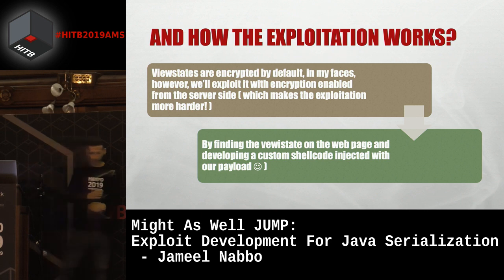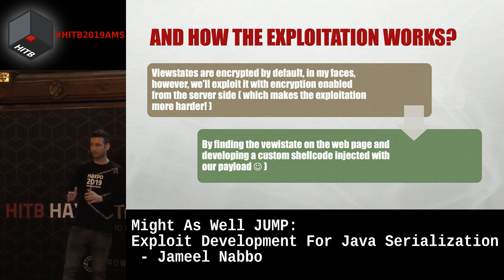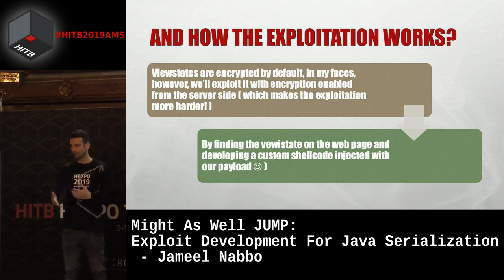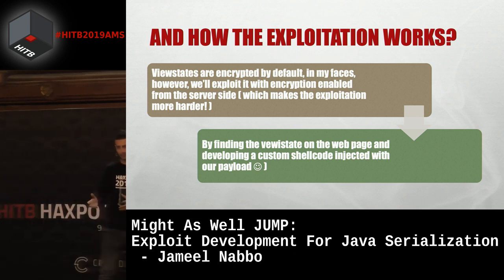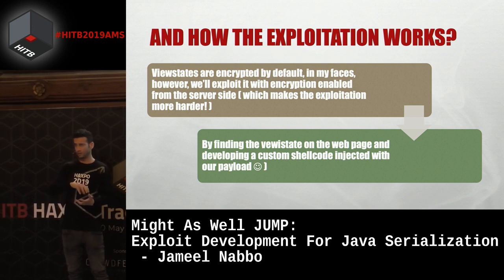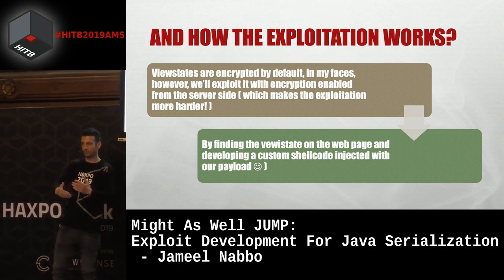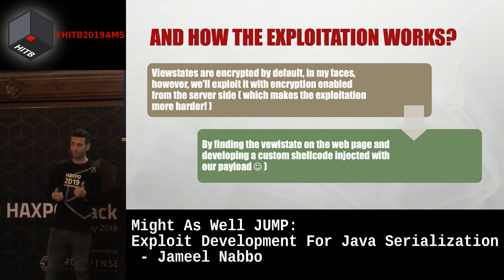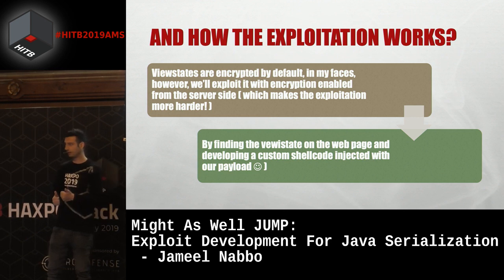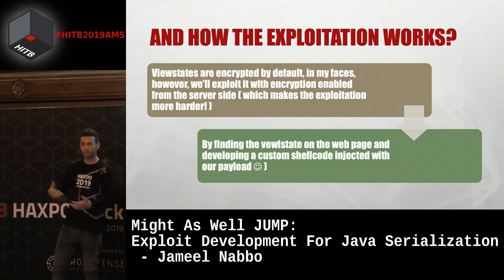How the exploitation works, we're gonna take the hard way, which is we're gonna have a view state that is really encrypted, and we have a secret key and everything, but we assume we have the secret key, and we're gonna inject our customized payload into the shell code. So we have to make a shell code and then inject our payload within the shell code, because here you have two stages of the shell code. The first shell code is gonna invoke a gadget in the environment itself, and the second shell code is your execution command, for example, to get a reverse shell.